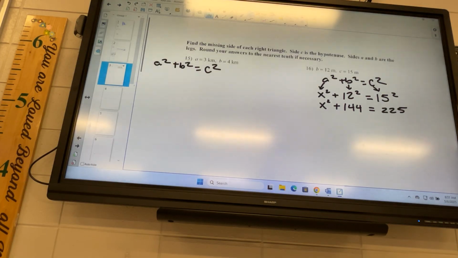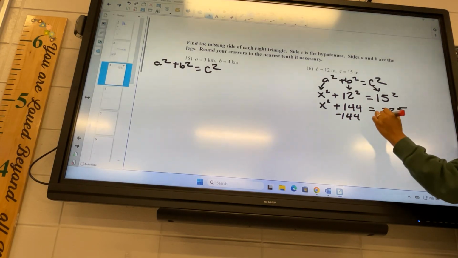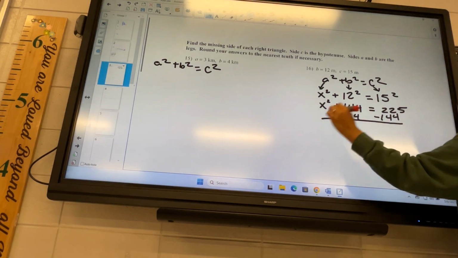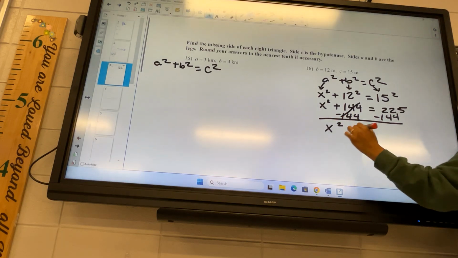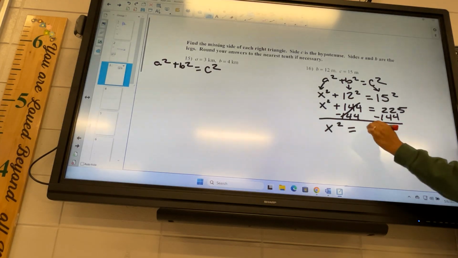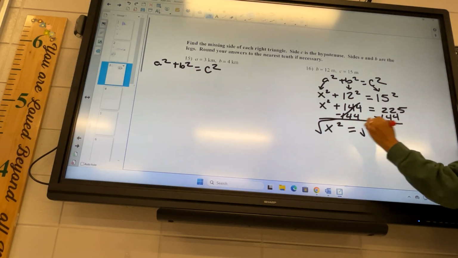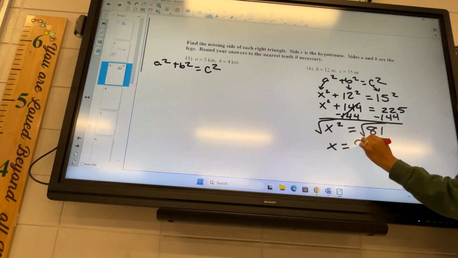Then what are we going to do? Subtract 144 from both sides. So we get x squared equals, what is 225 minus 144? 81. Then you're going to square root both sides. So you should get x equals 9.